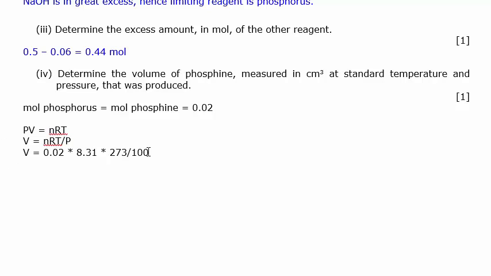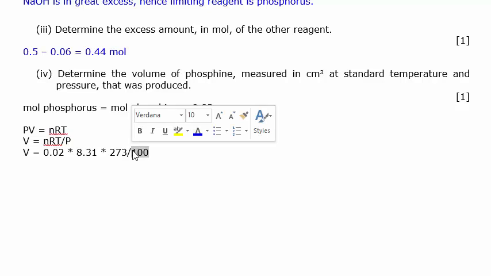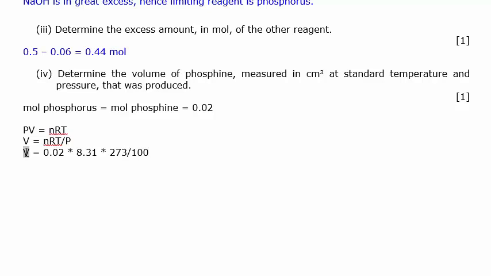Now don't forget, if you use kilopascals for the pressure, then you get your answer in litres. Alright? So then we do this calculation. We've got 0.02 times 8.31 times 273 divided by 100, and that comes to 0.454.